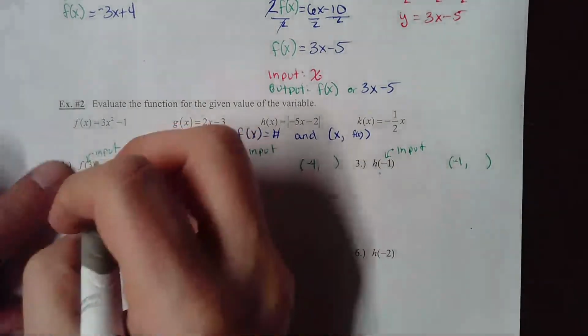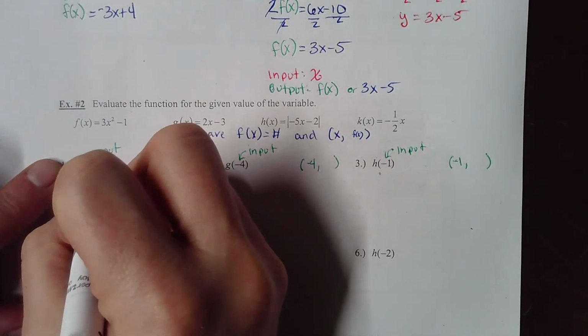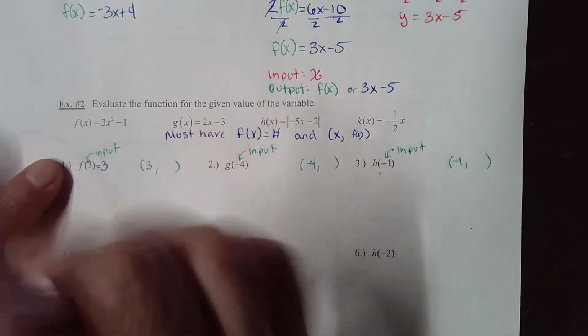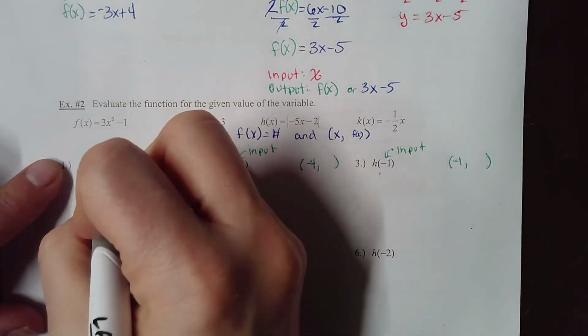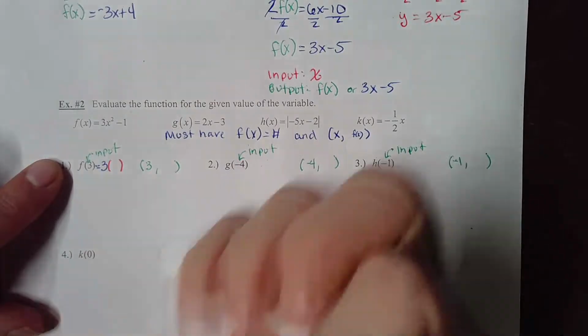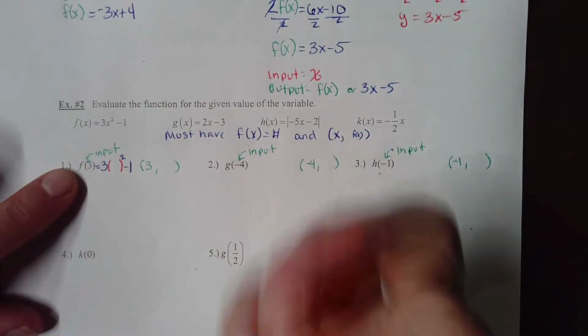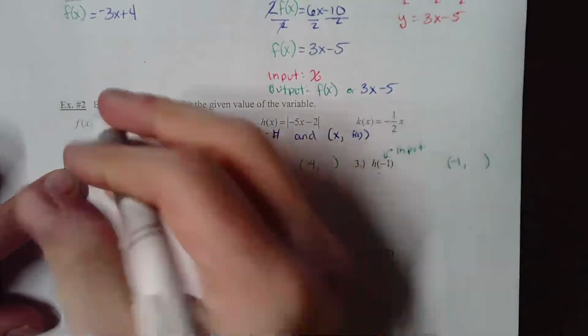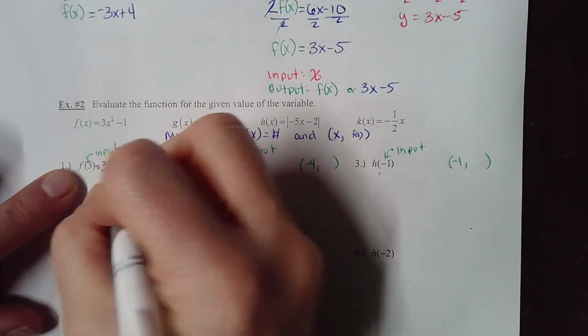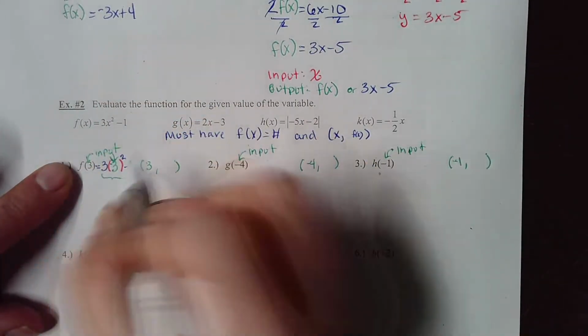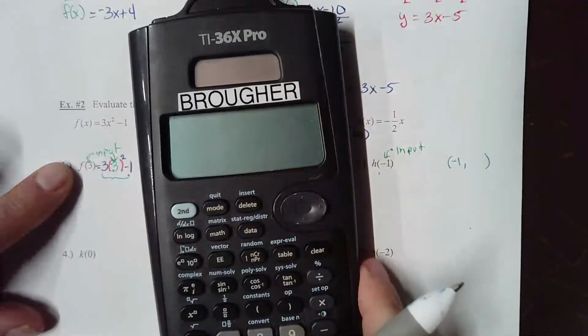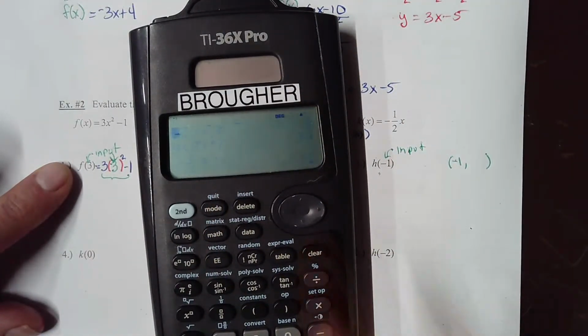So let's try f. This is 3. Whatever x is has to match the parentheses, squared minus 1. I'm going to match my input in here, 3. This is now just a calculator problem that I need to type in. So I'm going to do 3, parenthesis 3, squared minus 1.